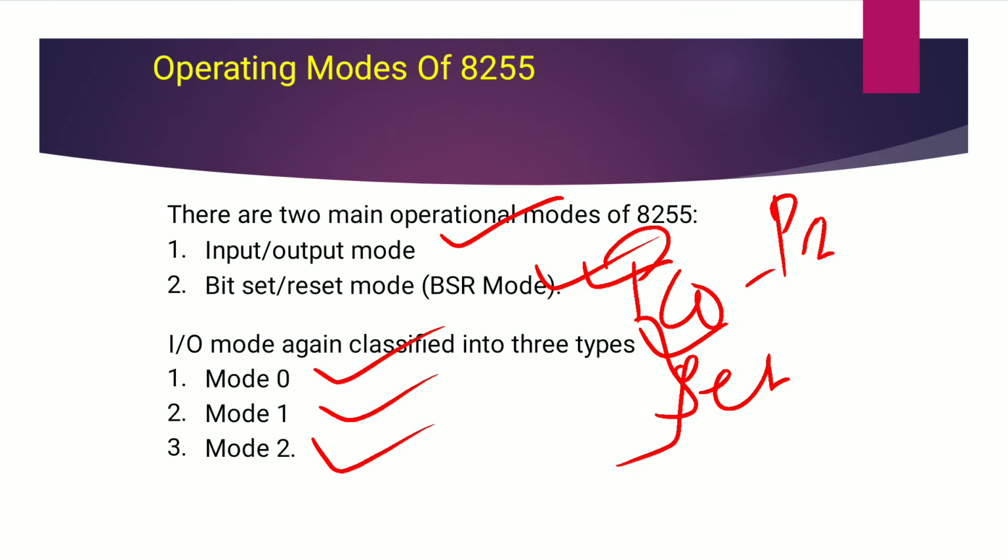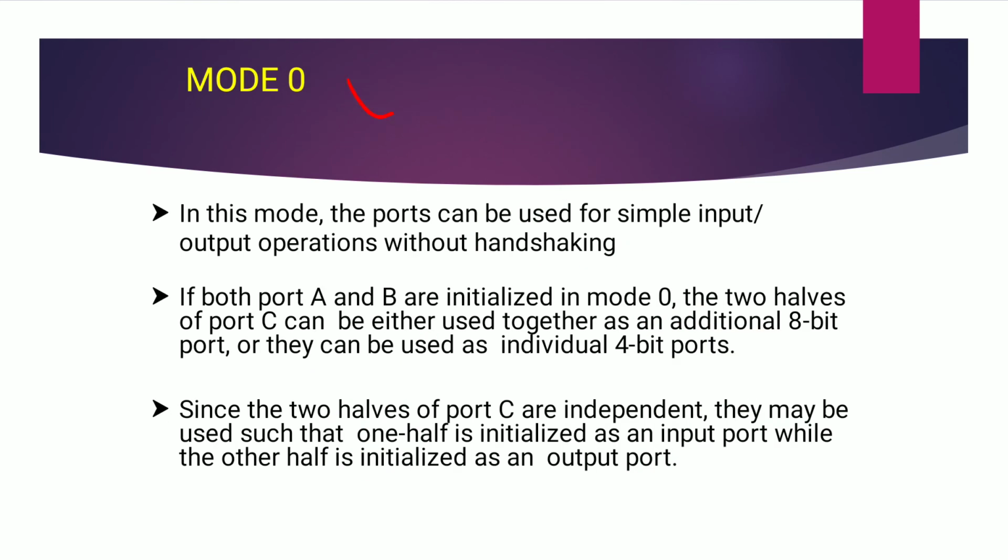Under the IO mode of operation, there are three modes of operation, that is 0, 1, 2, as I told you. So let's discuss mode 0. It is also known as basic IO mode.